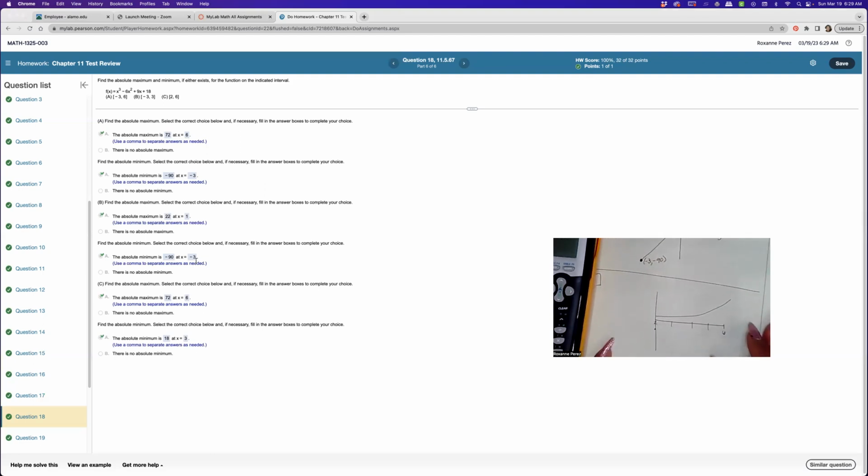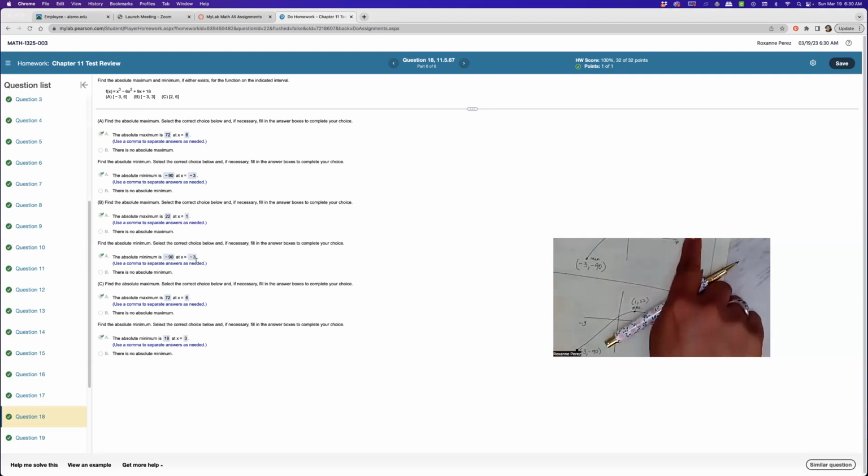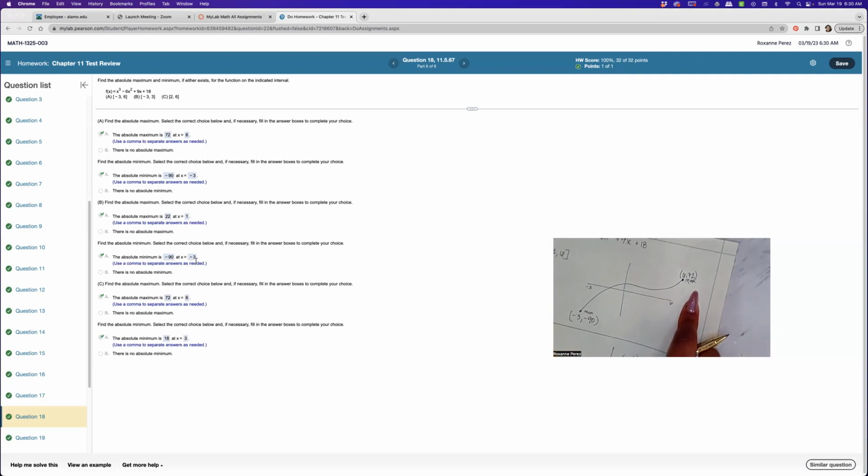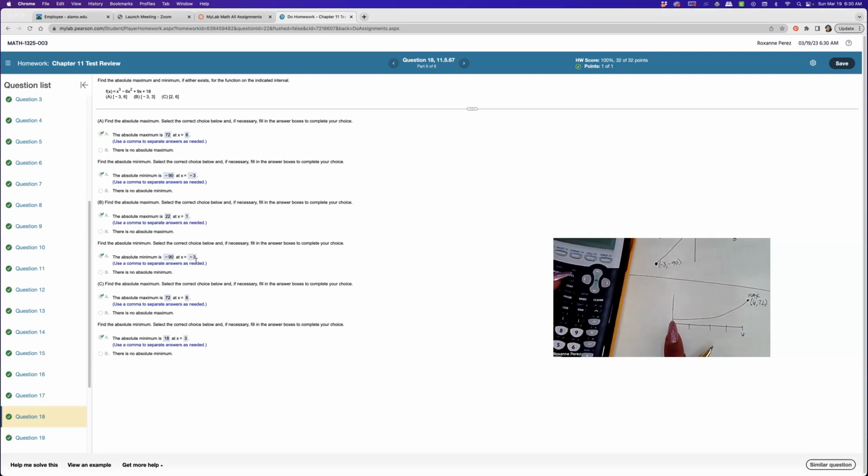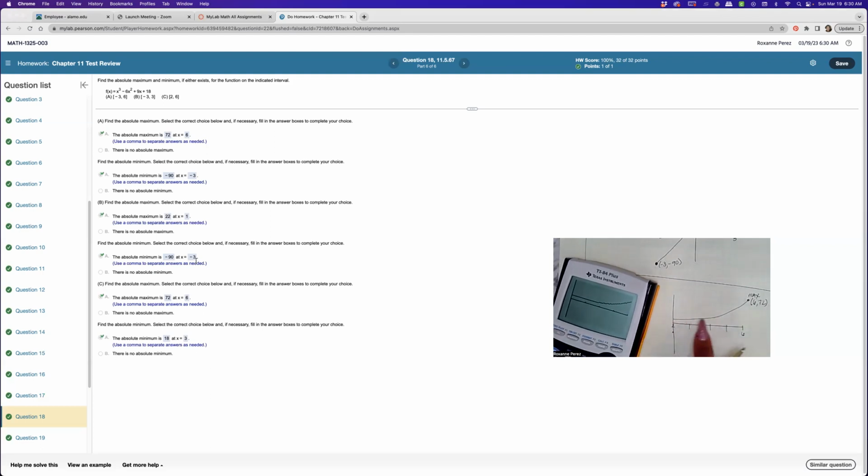And we already know this value at 6 is a maximum point, 6, 72 from part A. Okay, and then this clearly looks like our minimum is occurring somewhere in here.